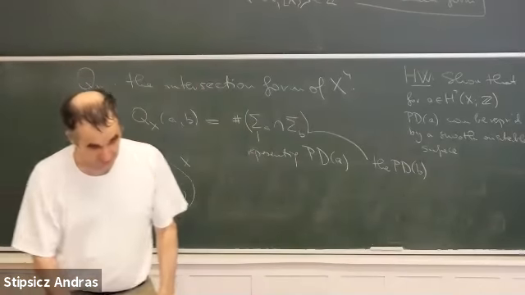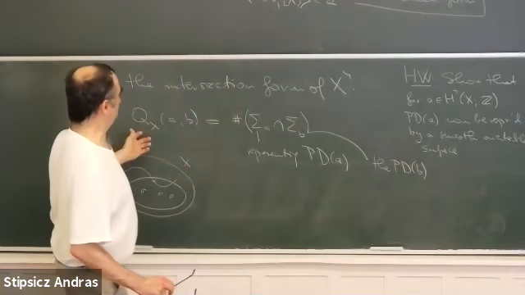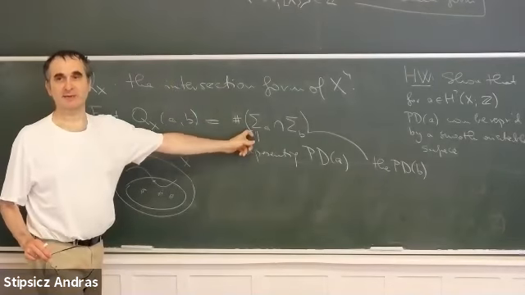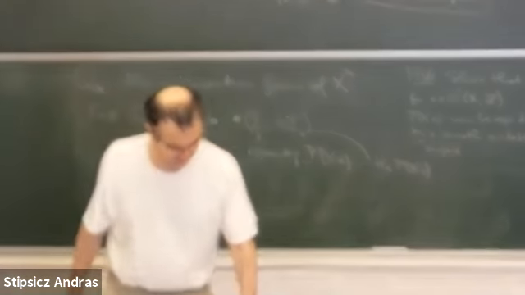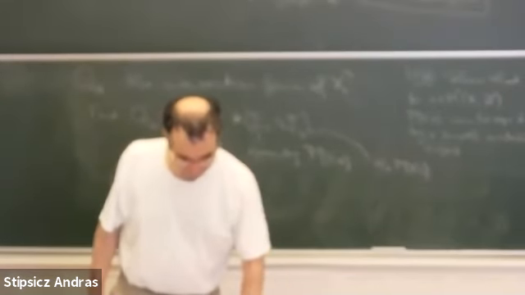Okay? All right, so this is why Q is called the intersection form. It has something to do with the intersections of surfaces representing homologies.